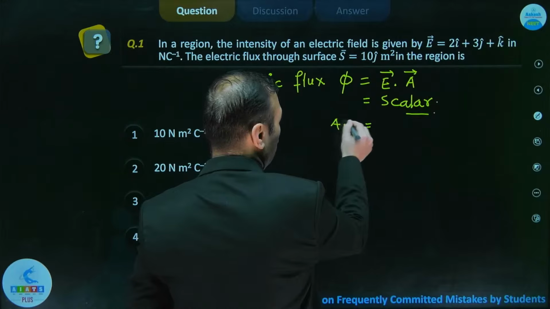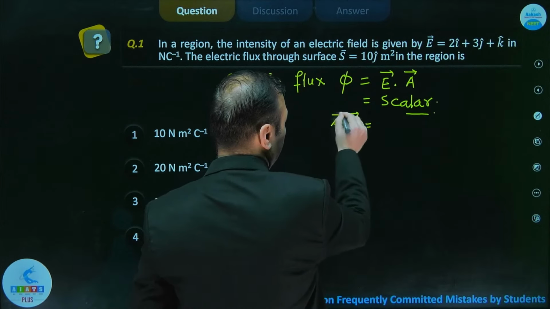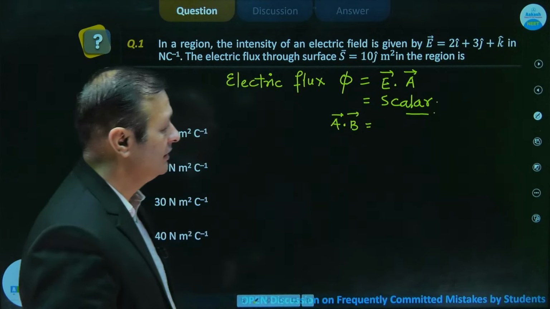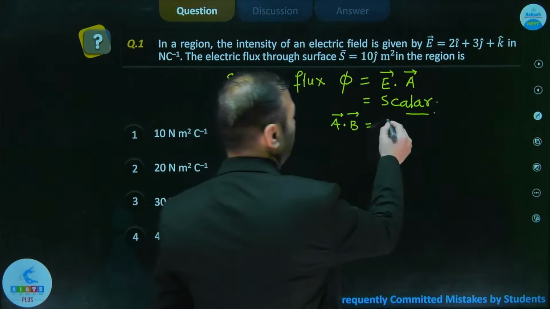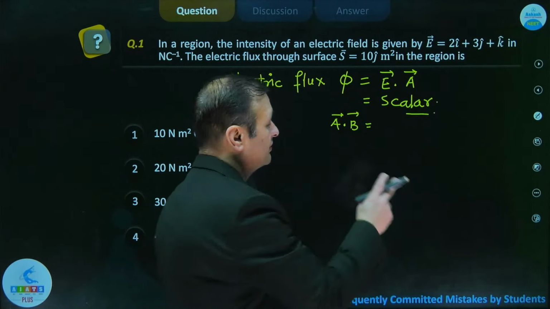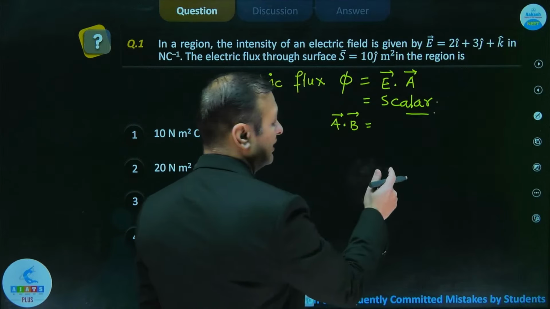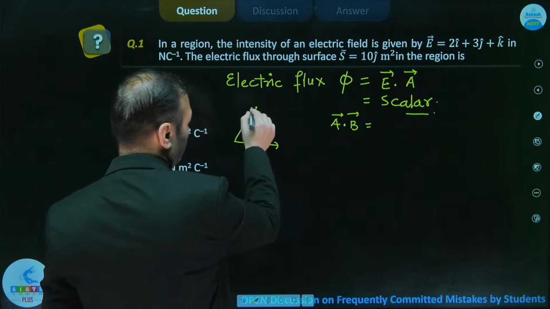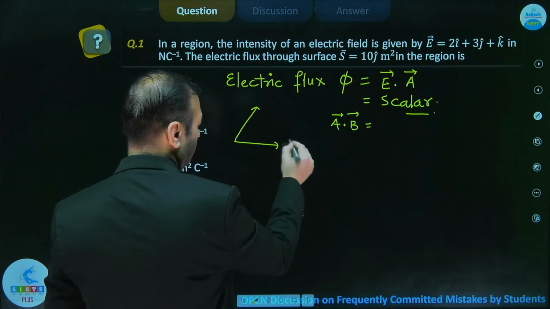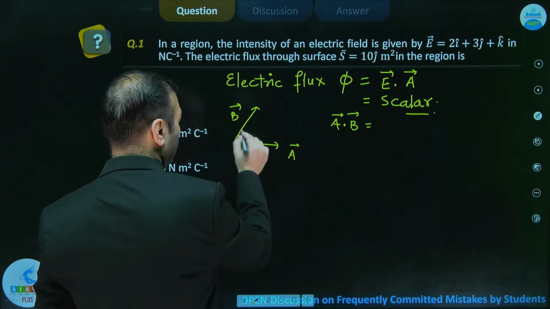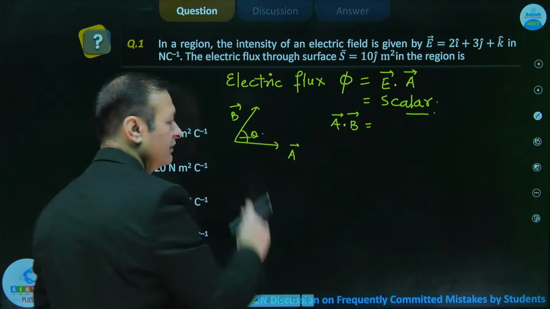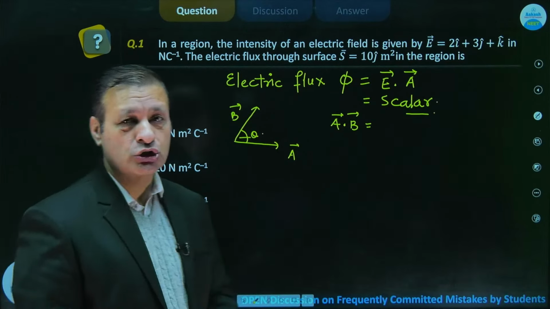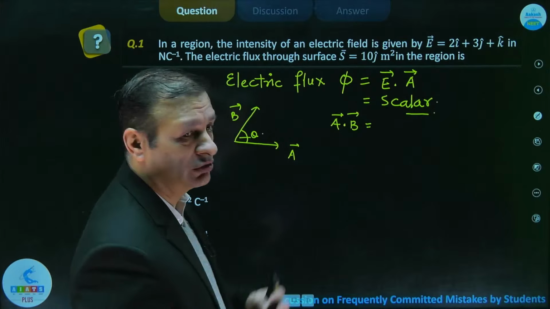So let's understand A dot B. So this is a dot product of two vectors A and B, which are inclined at some angle. Let's suppose this is your A, this is your B, so they are inclined at some angle theta. So A is also a 3D vector, B is also a 3D vector.